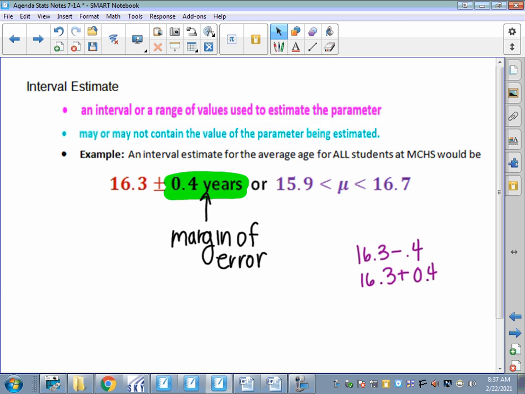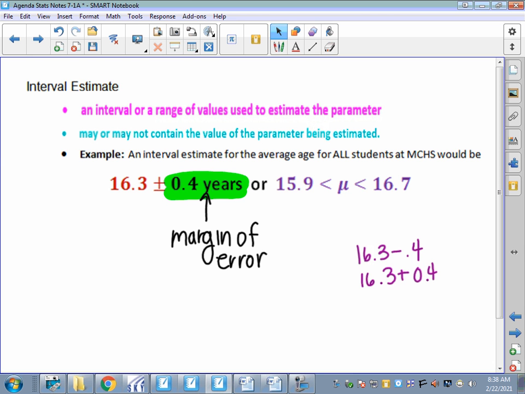Notice in the middle of that interval is mu. So my 16.3 was my X-bar. Using my X-bar and my margin of error, I can say, well, the average age for all students at this school is somewhere between 15.9 years old and 16.7 years old.